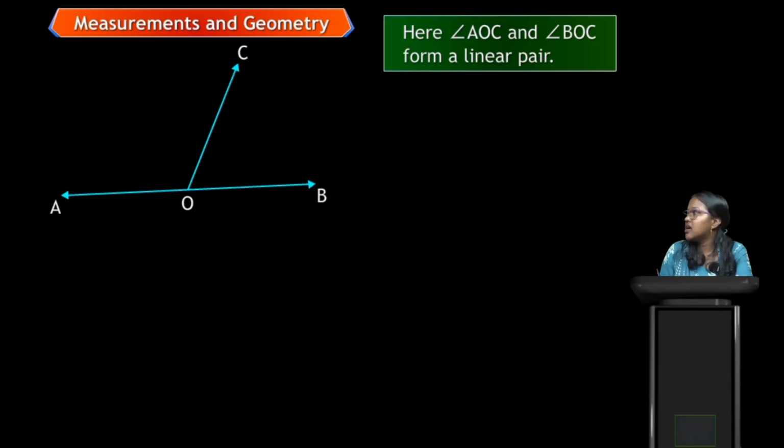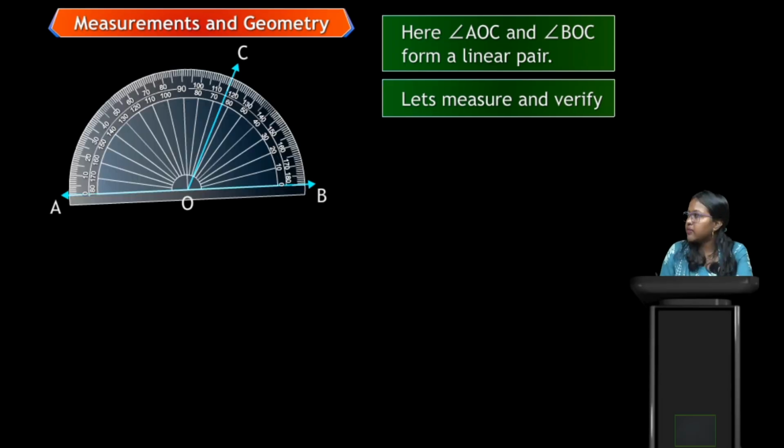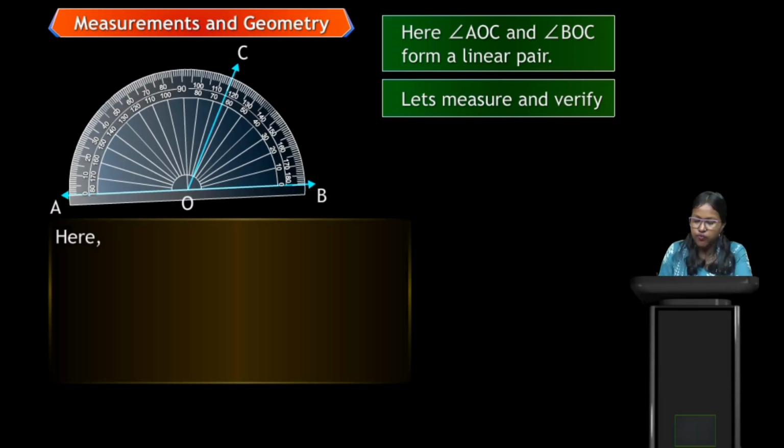Okay, measurements and geometry. Here angle AOC and BOC form a linear pair. Okay, let's measure and verify whether it is forming a linear pair or not. Here you see, if you put a protractor, angle AOC, how much are you getting? Angle AOC, can you tell me? Is it 114?